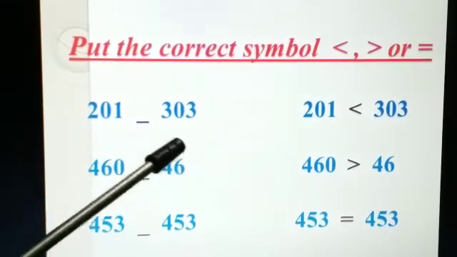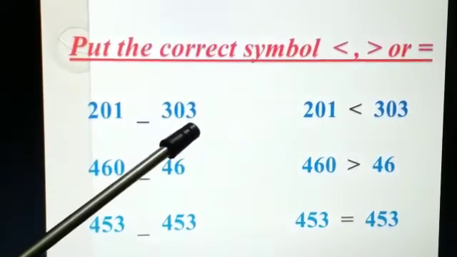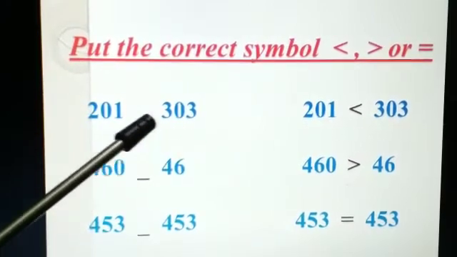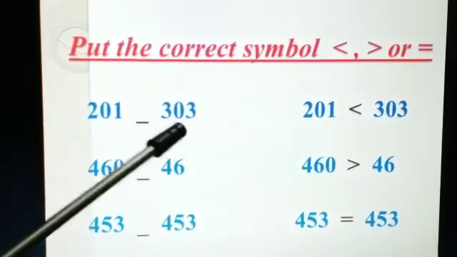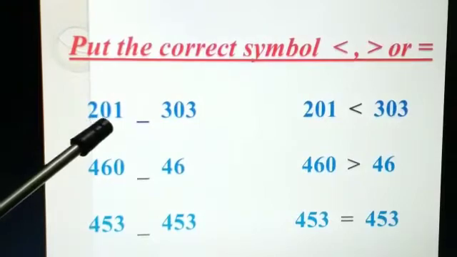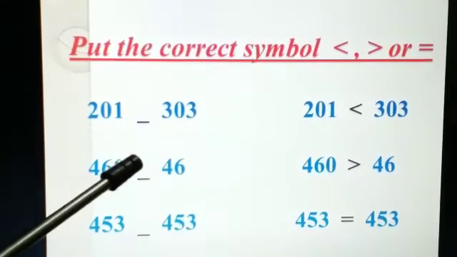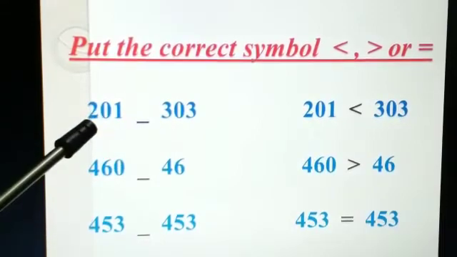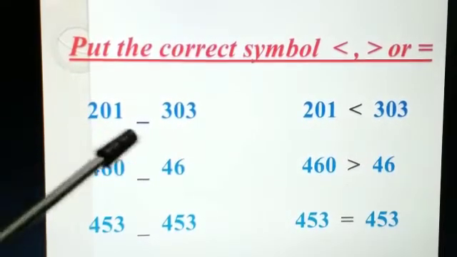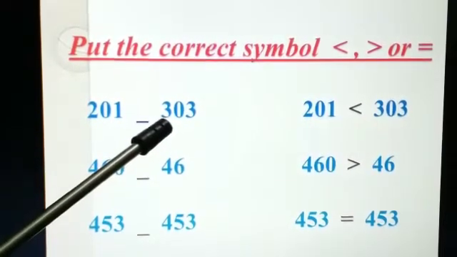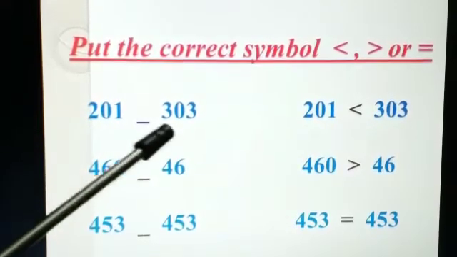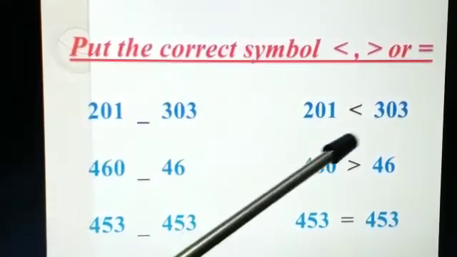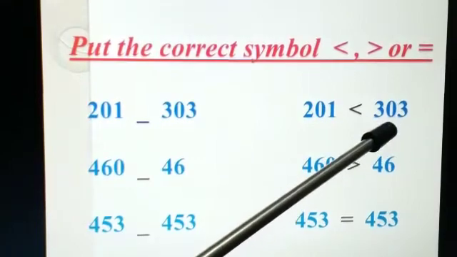And in the number 303, also 3 digits. That means both the numbers have 3 digits. And if the digits are equal, then we will compare the first digit from the left side. The first digits are 2 and 3. And 2 is smaller than 3. That means 201 is smaller than 303.